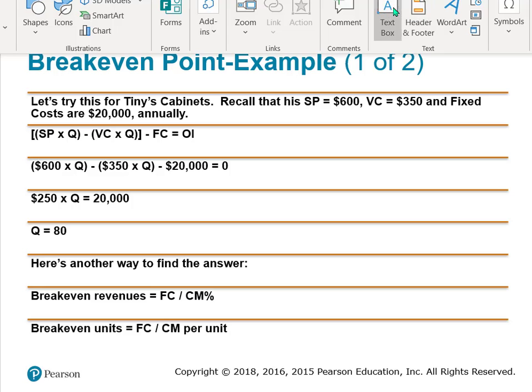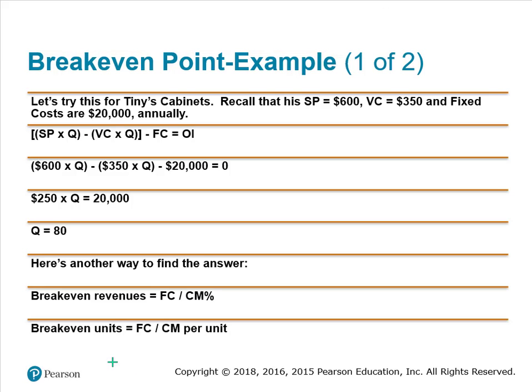Let's put another quick text box in here. Fixed costs are 20,000, divided by our contribution margin per unit, which was $250. 20,000 divided by 250 gives us 80.